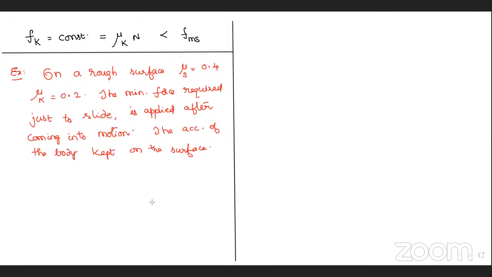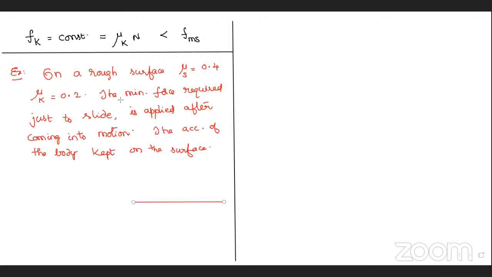First, try to understand the question, Nana. If you understand the question properly, you will get the idea. He said this is a rough surface, so first I drew a rough surface. Coefficient of static friction and coefficient of kinetic friction are both given.